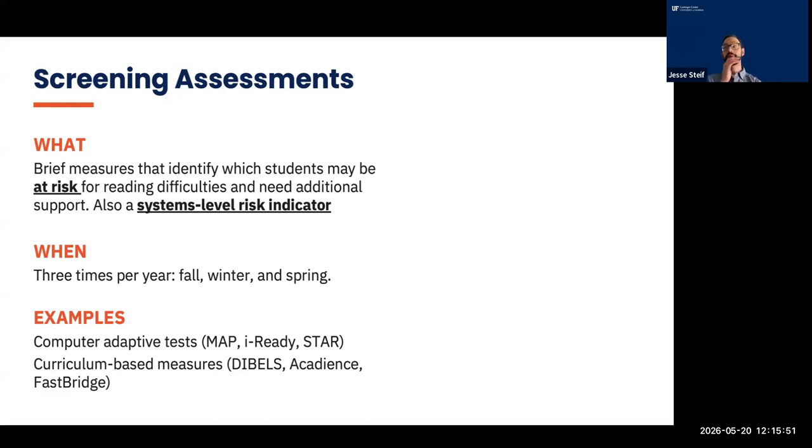But when fewer than that proportion of students are, the instructional system itself is at risk. And the fix for that is strengthening tier one core instruction. We always want to look at curriculum and instruction first before suspecting that it's a student level difficulty, because the vast majority of students don't have a disability.